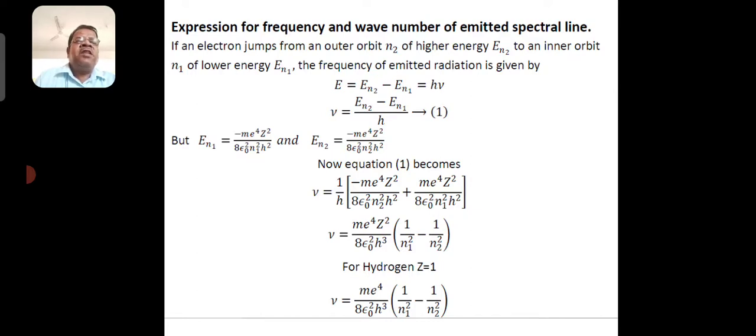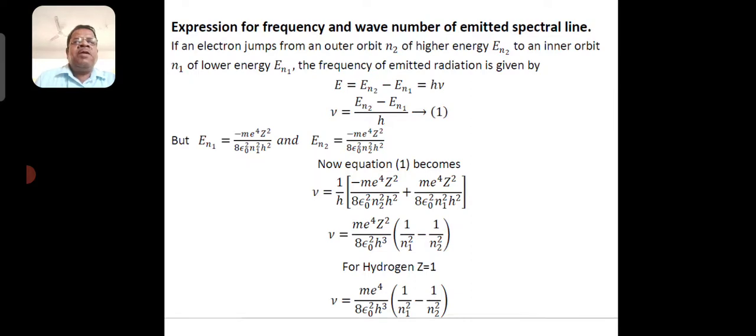Now the difference in energy is emitted in the form of electromagnetic radiation having frequency nu, therefore we have to equate it to h nu. Therefore nu equals to En2 minus En1 by h. Take it as equation 1.